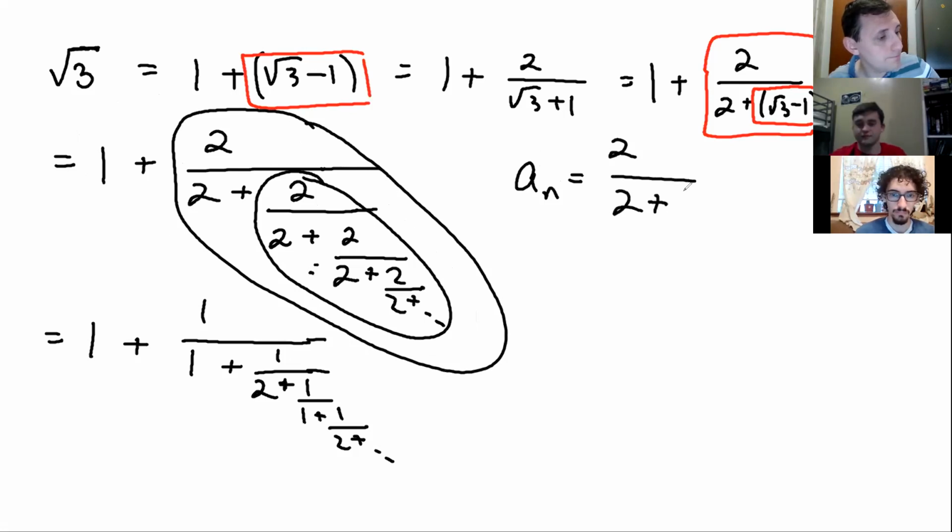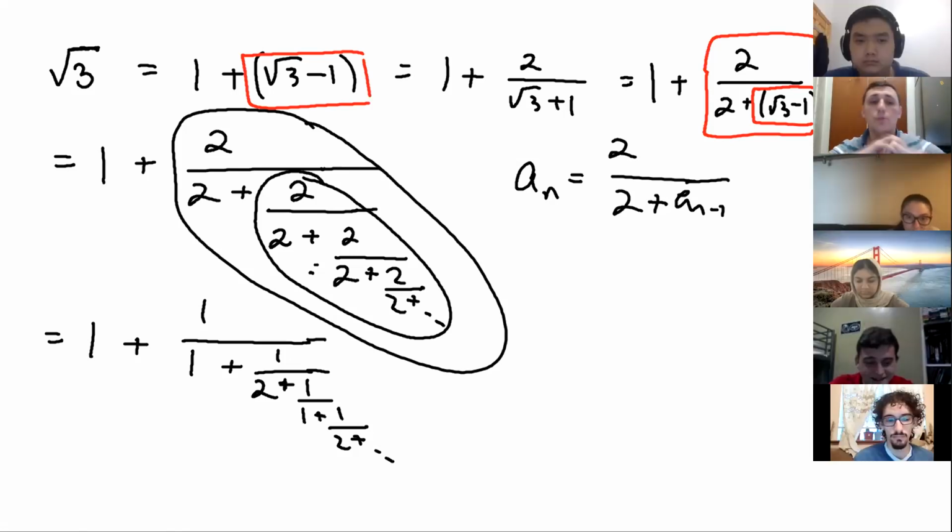You see this thing? So you can just select some number. Let's say you select 1/2, and then you can just take 2 over 2 plus 1/2, and build it up this way. It would work. I just did it so that you would not have to simplify. You see that the fractions are in simplest forms. Good.